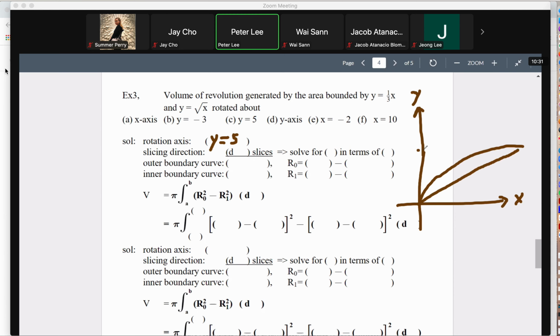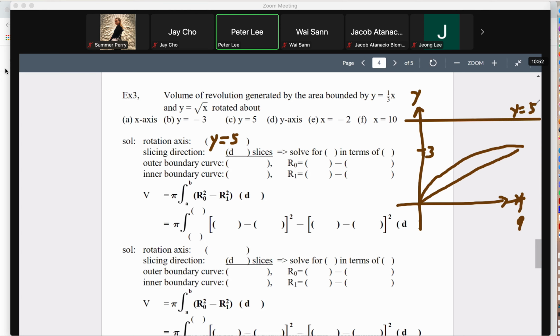And this point is y equals 3, and this guy is 9, right? Now the rotation axis is going to be over here. This is now the rotation axis. This is y equals 5.